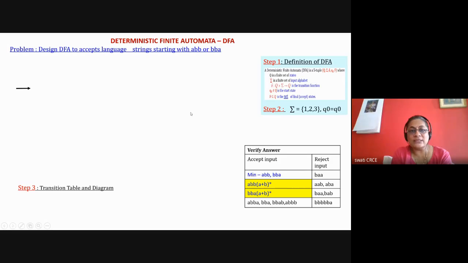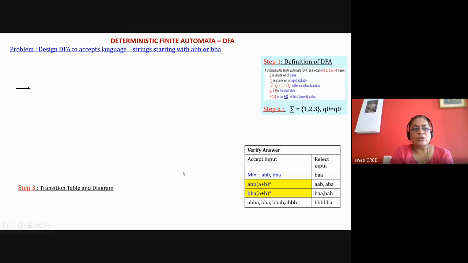Okay, now my string is starting with A double B. So my minimum string is A double B or B double A, and it will go to the final state. Now I'm writing something like a regular expression. If it is starting with A double B, after that there can be anything: (A+B)*, which can be repeated zero times, one time or any number of times, and still the string is accepted.